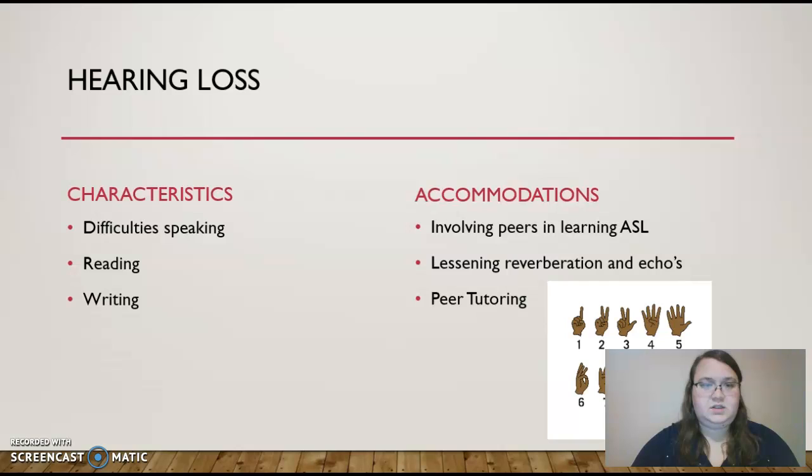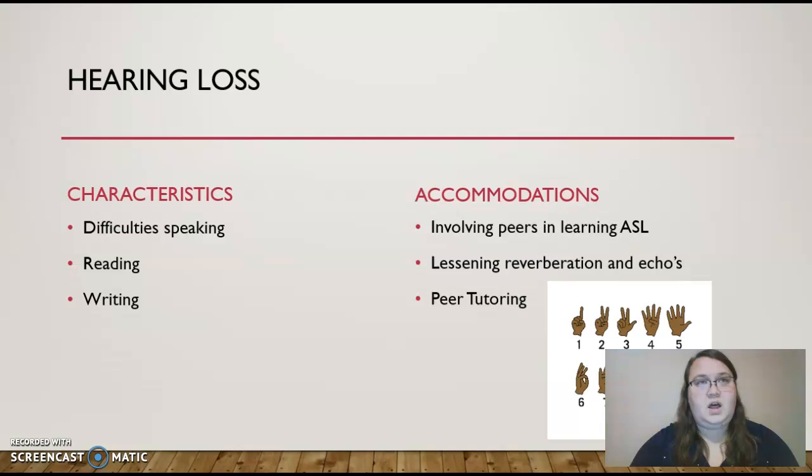Hearing loss. Kids with hearing loss or deafness have difficulty speaking, reading, and writing just because they can't hear how the word is supposed to be said. Some accommodations would be involving peers in learning American Sign Language. Not only that, but it lets that child with the hearing loss know that their peers and their friends in that class are there to encourage them as well as the teacher.